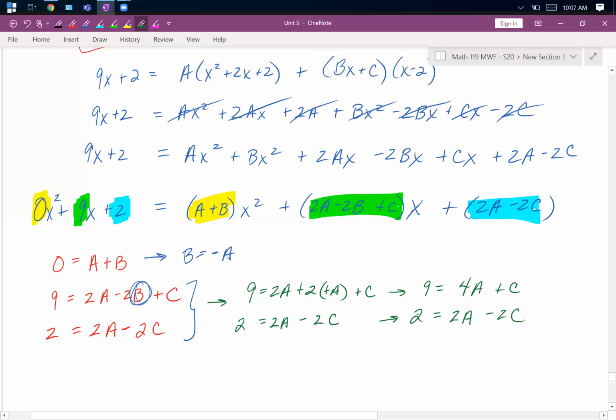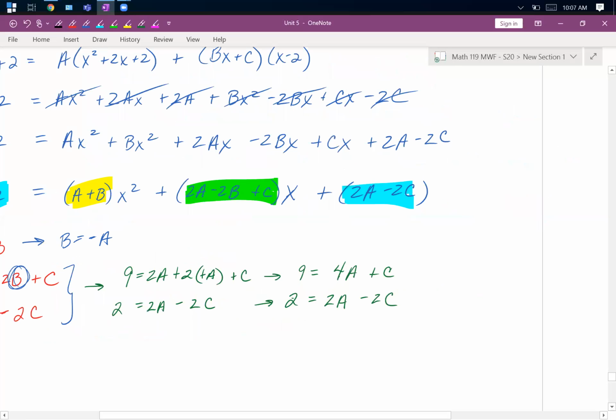I want to use the addition method, so I guess I'll multiply the top one by 2, and then c's will fall out. Oh, 20 equals 10a, making a equal to 2.